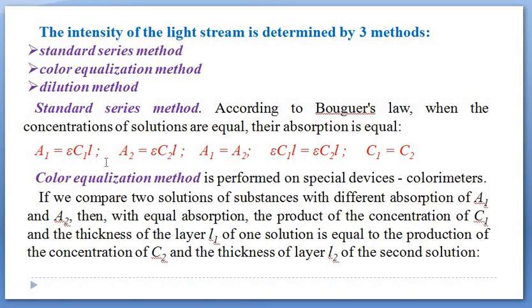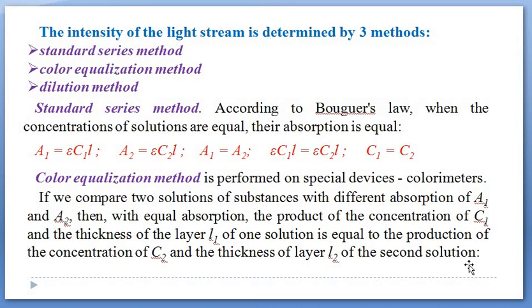A1 equals this equation, A2 this equation. So we see that A1 equals A2, and so their values are equal. So the concentration of the first equals the concentration of the second.